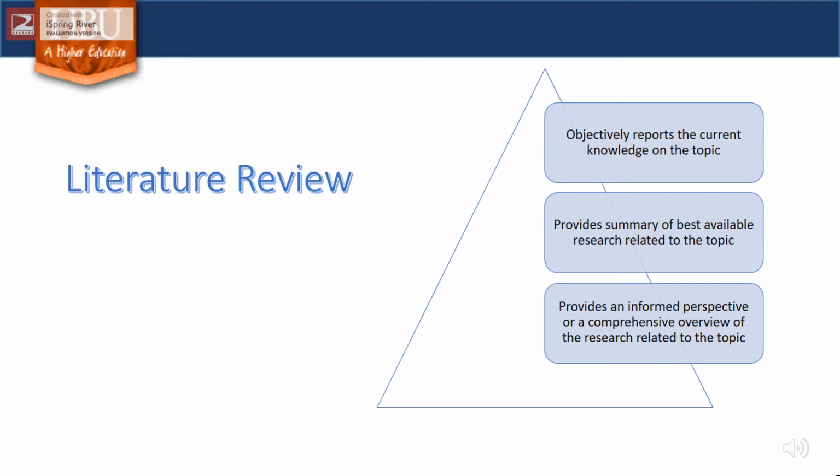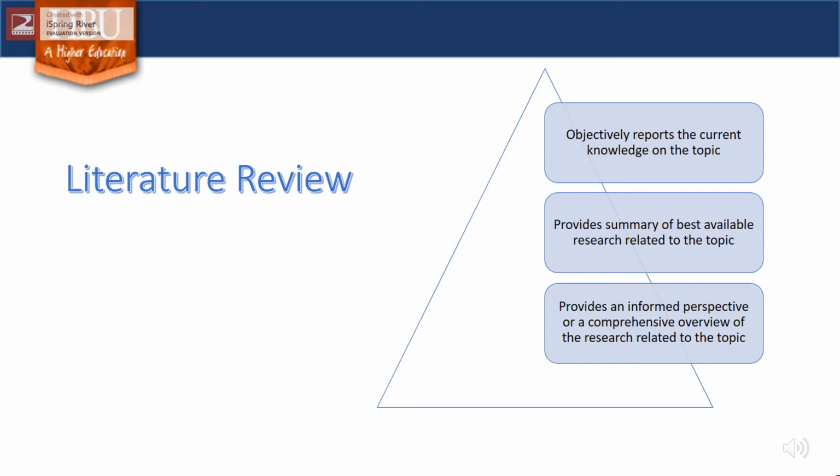So, I want us to think about some important things that we need to make sure we're addressing with our literature review. The goal of the lit review is to objectively report the current knowledge on the topic. It needs to be all-encompassing and include all of the material we know about the topic. In addition, it provides a summary of the best available research related to the topic.